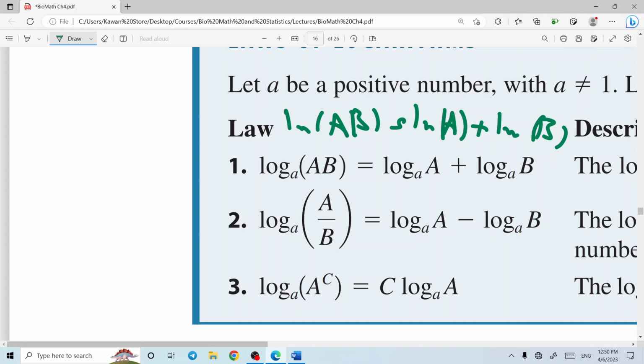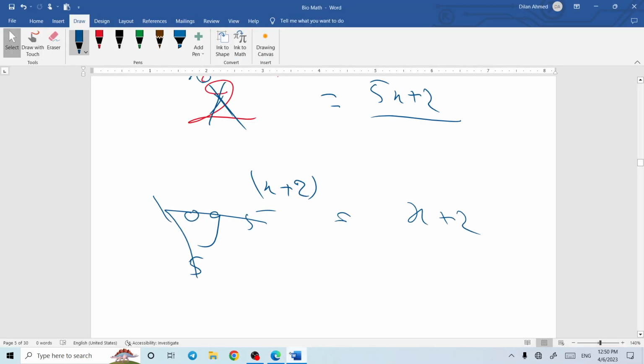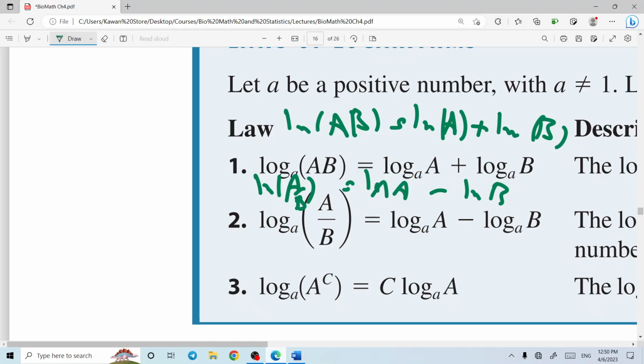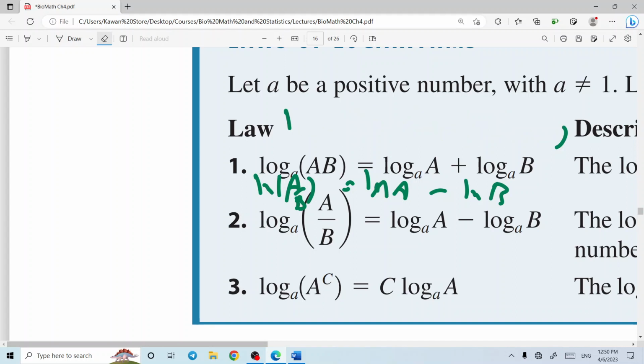The same thing is true here: ln of A over B equals ln A minus ln B. Look at this carefully, because I'm going to ask you some questions. Carefully, I mean 100% memorize it.